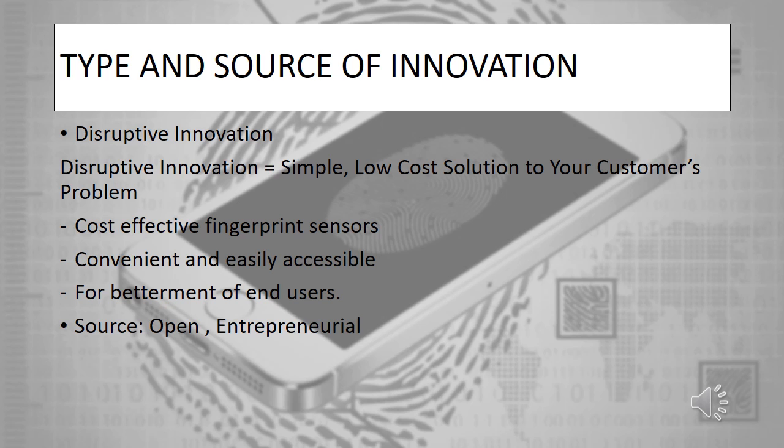Also open source, because companies use internal and external ideas to help expand their operations. Open innovation is the use of internal as well as external knowledge to accelerate internal innovation and also to expand the markets for external use of innovation.